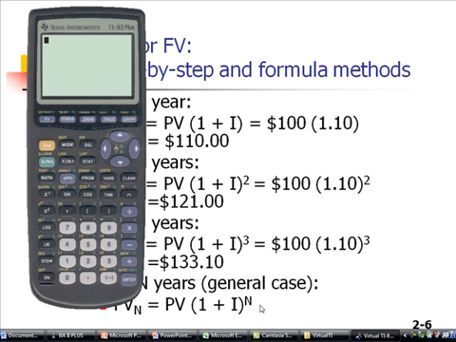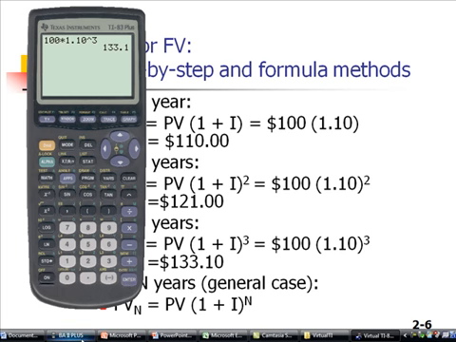So very quickly, we just take the present value of $100 and then we multiply by the factor 1.1 to the power of, there's your exponentiation key right above the divide sign, it's a little caret, to the power of 3, and of course you get your $133.10, which we already knew was the correct answer.